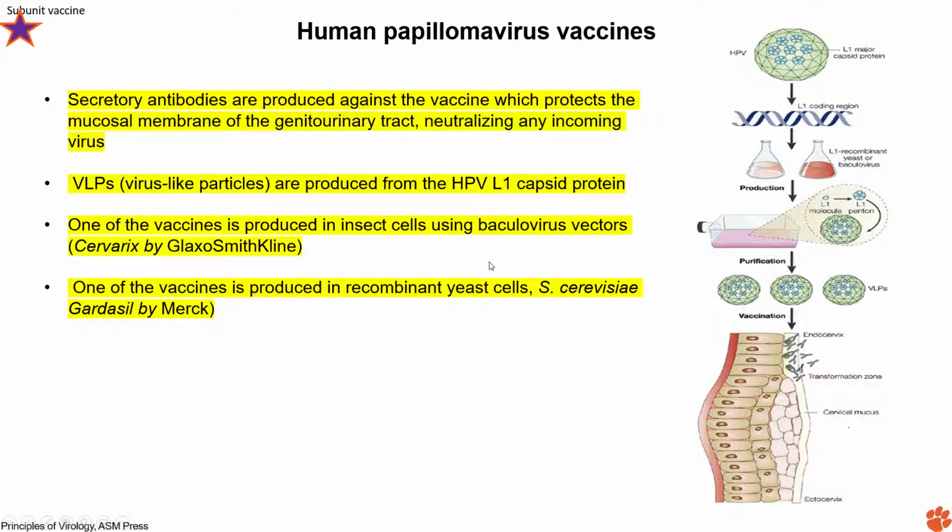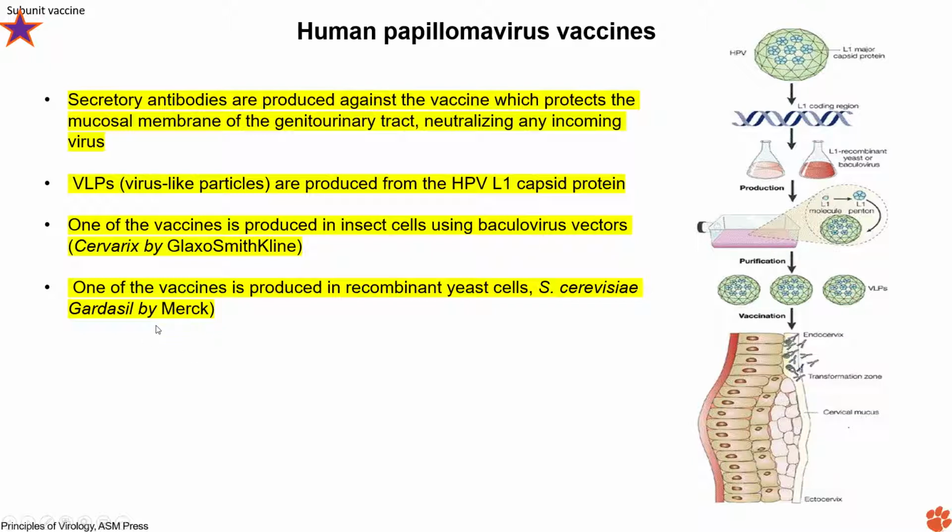One way is that GlaxoSmithKline, with Cervarix, uses baculovirus vectors. These baculoviruses are insect viruses which are engineered to produce this L1 protein in insect cells. So it is produced in the insect cells, see that L1 recombinant, yeast or baculovirus. That's basically produced in culture, and you purify that.